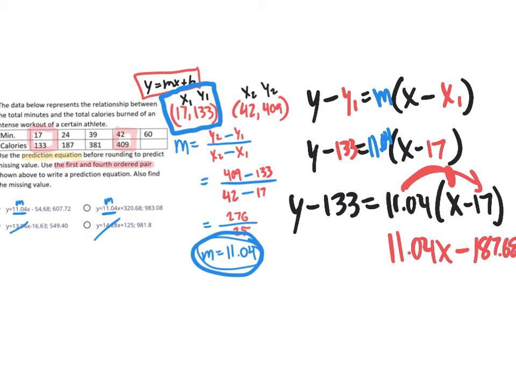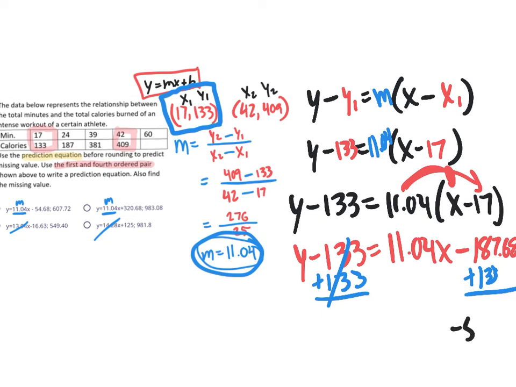Now all I need to do is rewrite my equation, getting y by itself. I have to add 133 here so it cancels, and add 133 to that negative 187.68. On the calculator, negative 187.68 plus 133 gives me the decimal negative 54.68.